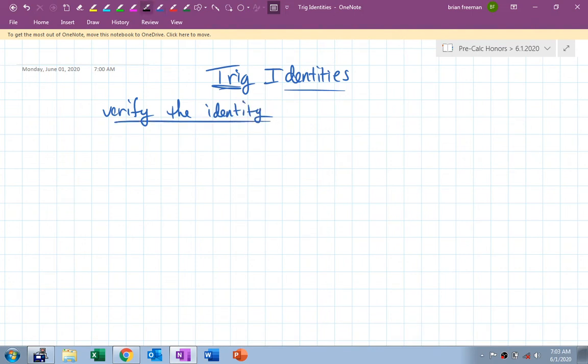Let's say we have tangent x times secant squared x minus tangent of x. Okay, you have to look at these things very carefully.